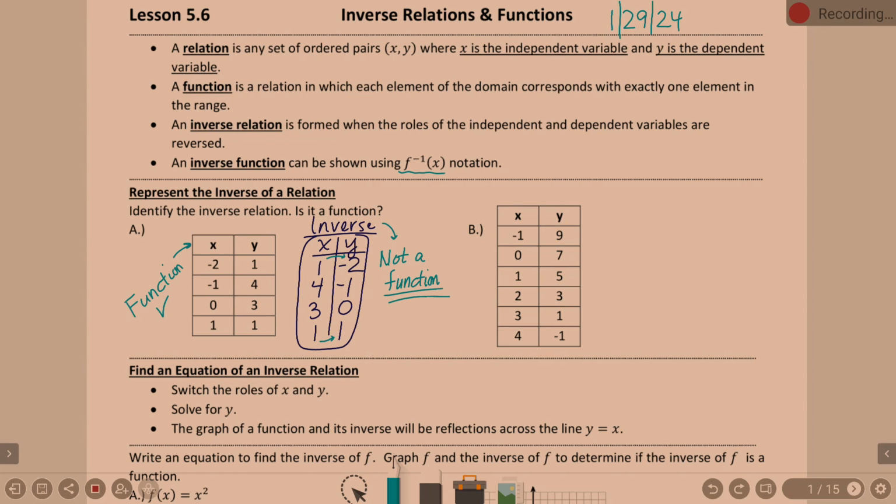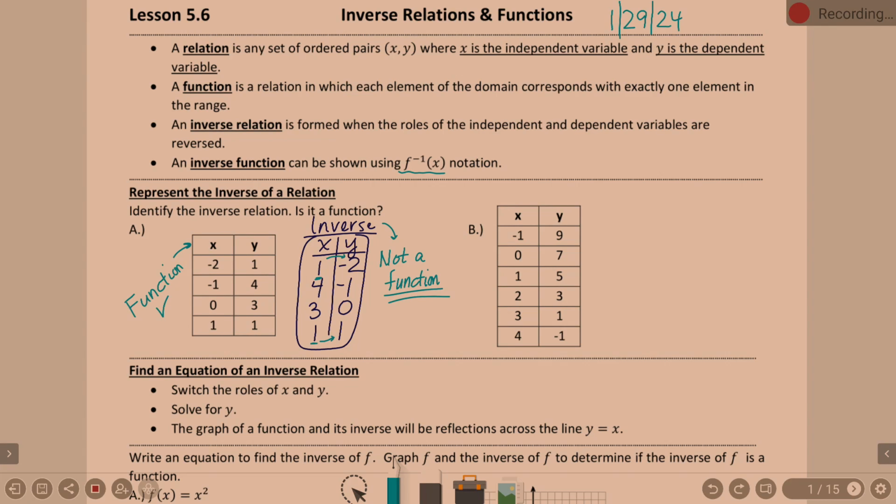Okay, and again, it's not a function because of those 1s. Because that 1 pairs with 2 different y values. So if you want to write a note in there or draw the arrows, something so that you remember why that one is not a function.